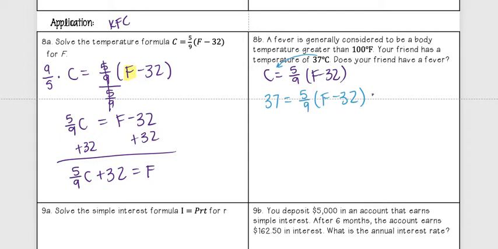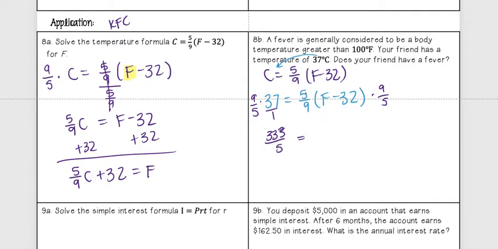So that really means I'm just multiplying by 9/5 and put that over 1. So when I multiply 37 times 9, I get 333 over 5.